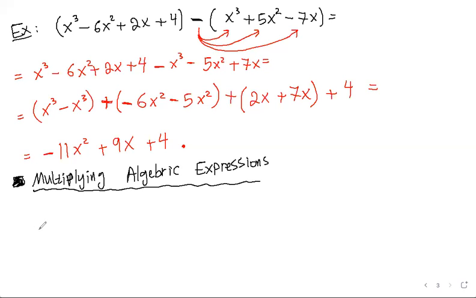I will explain that by giving an example. Find 2x plus 1 times 3x minus 5. So how do we think about this by using the distributive property?